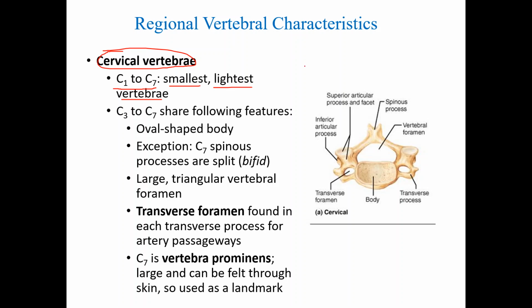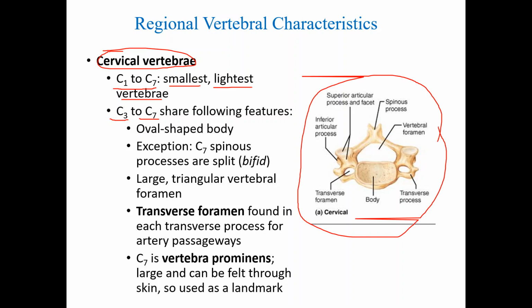They don't have too much pressure or weight on them, and so this makes sense, right? Because they are the ones that are more superior. From C3 through C7, and then we're going to talk about C1 and C2 shortly here, they have these general features that we could recognize.